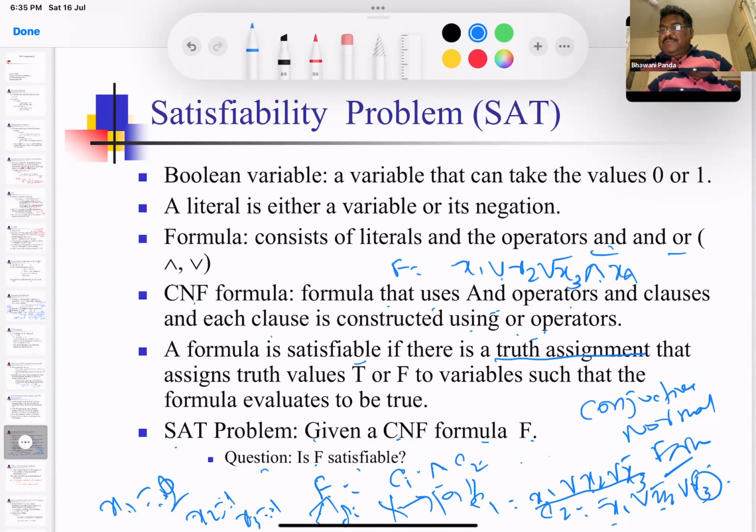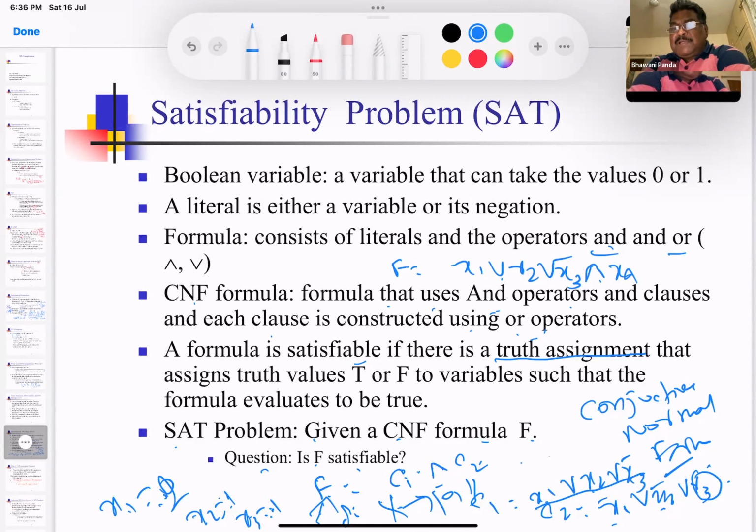This is a decision problem. Does it belong to NP? Can you tell what will be a certificate for this? Suppose this formula is satisfiable. What will be a certificate? A truth assignment is a certificate. Suppose you claim that this formula is satisfiable and you provide me a truth assignment, I just have to verify it. For example, X1 is equal to 1, X2 is equal to 1, X3 is equal to 1.